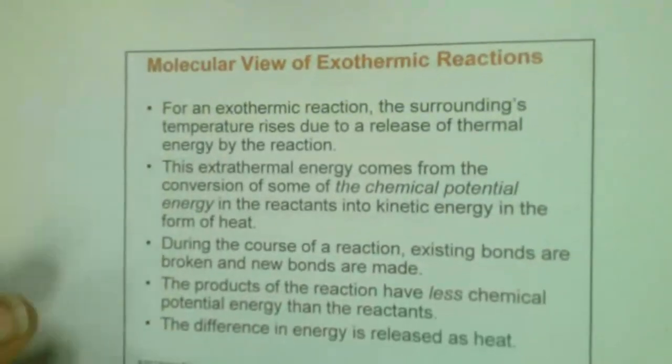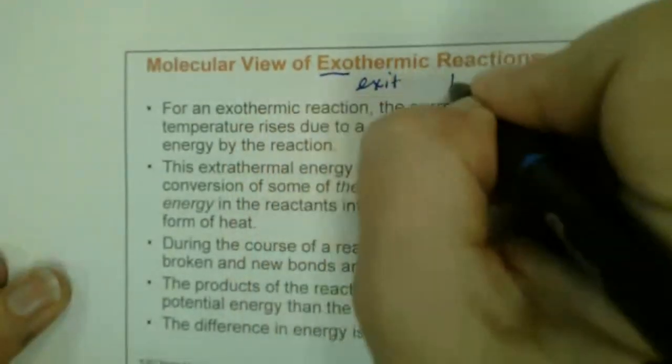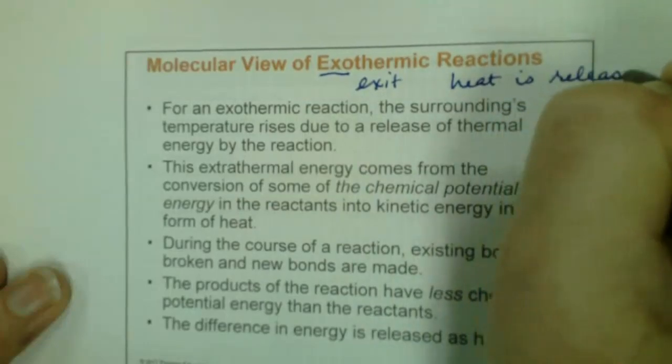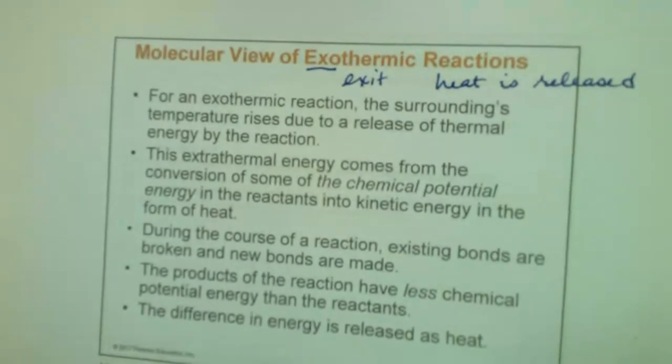When we're talking about an exothermic, exo, exit, heat is released. The surroundings temperature rises due to the release of the thermal energy. This extra thermal energy comes from the conversion of the chemical potential energy in the reactants into kinetic energy to form heat.